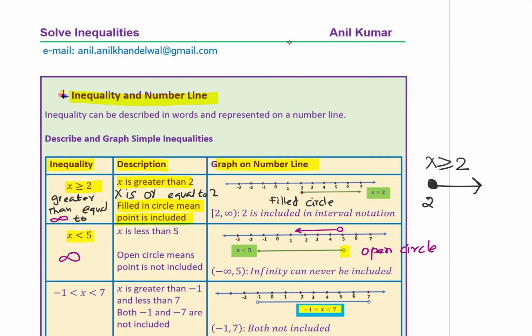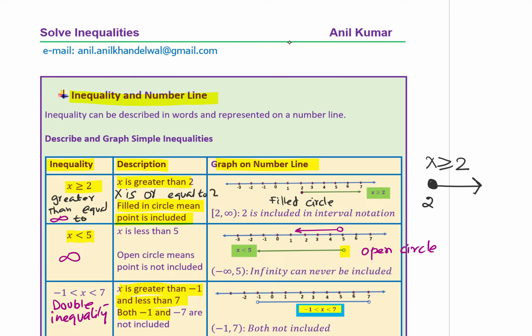Now here we have a boundary. x is greater than -1 but less than 7. So this is a double inequality. I hope it is now clear what we mean by a double inequality. We are giving two conditions at that time. That means x is greater than -1 and less than 7.